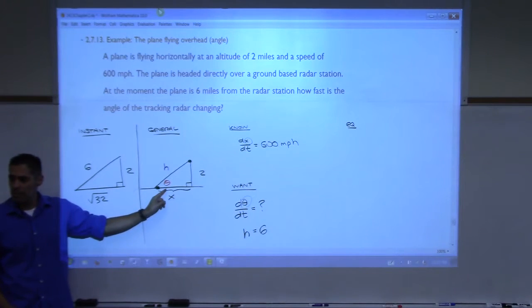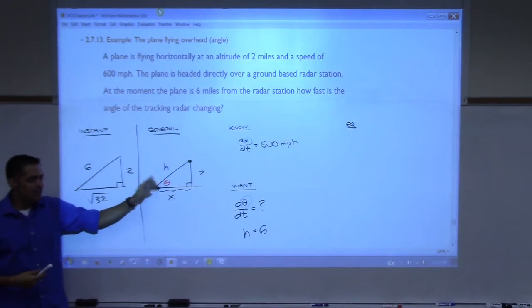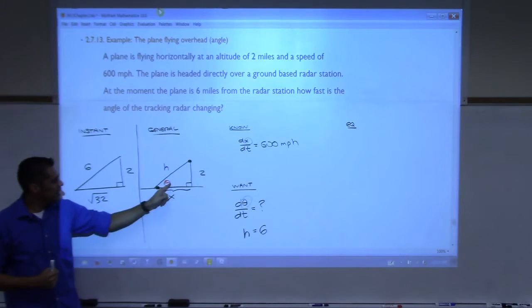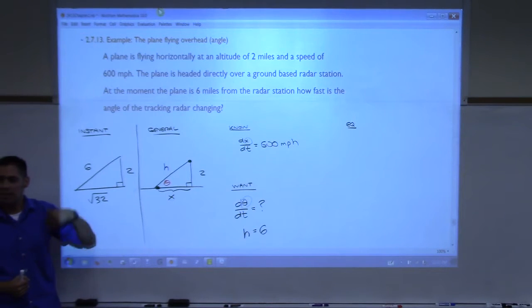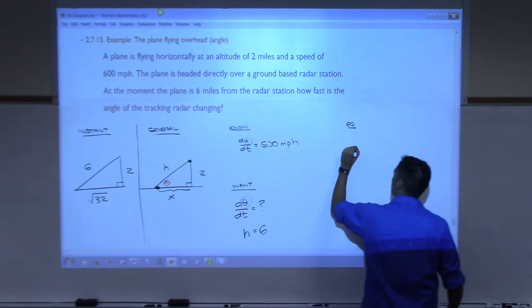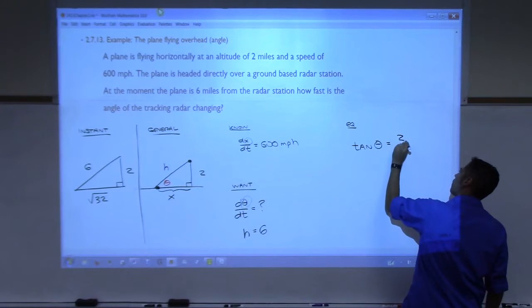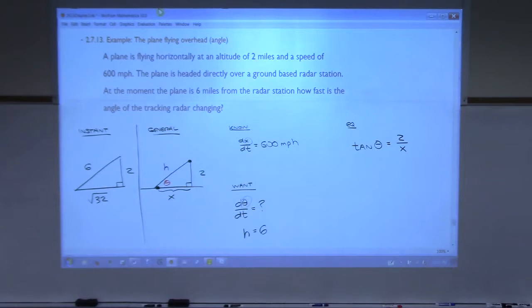Yes, it would, but it's going to include h in it. I could do it, but wouldn't it be better to use this side because that's fixed at 2? Tangent theta is opposite over adjacent. According to my picture, tangent theta is the opposite side over the adjacent side. And I can differentiate that, yep, with respect to time.